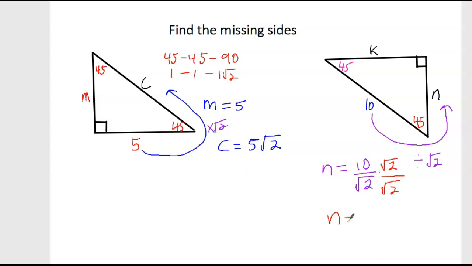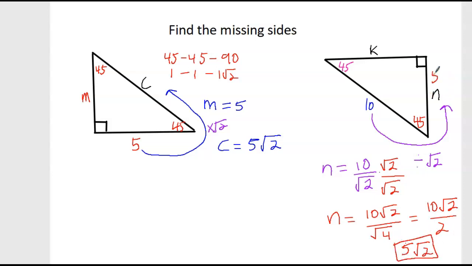So here n becomes 10 root 2 over square root of 4, and square root of 4 is a perfect square, which is 2. Now we have gotten rid of the radical from the bottom. Now we have a number here and a number there, and it's divisible, so we have to simplify that. 10 divided by 2 gives us 5.